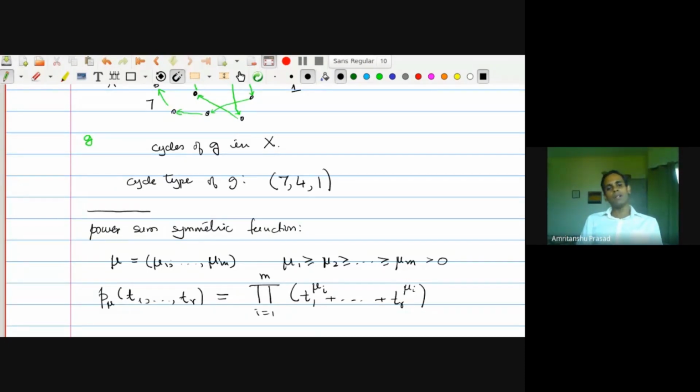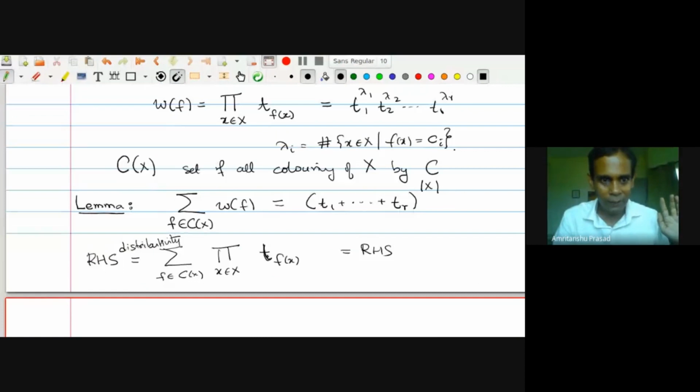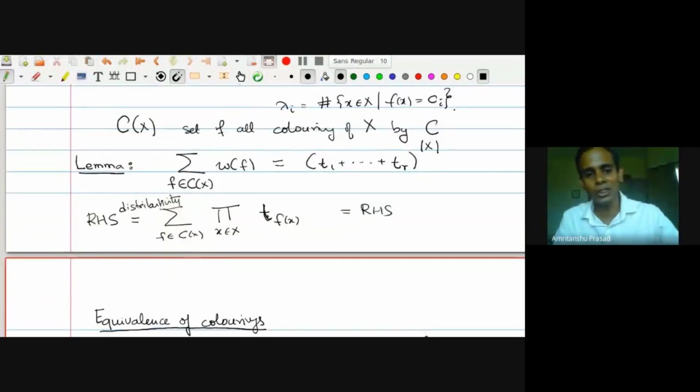So this is called a power sum symmetric function, and in a lot of algebraic combinatorics this keeps popping up. It's a very useful combinatorial device. And now with all this technology, we have G-sets, sets with G actions.